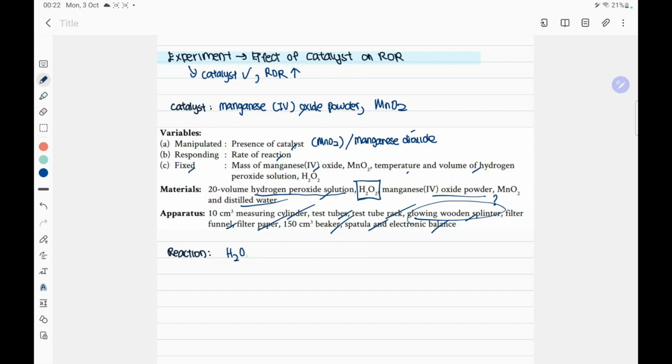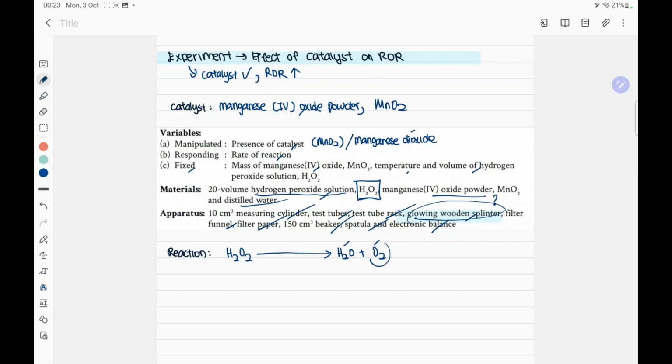Hydrogen peroxide solution is H2O2. When it decomposes, it will form H2O and O2. The products, everyone knows, are water and oxygen gas. So like what I said just now, why do we need a glowing wooden splinter?